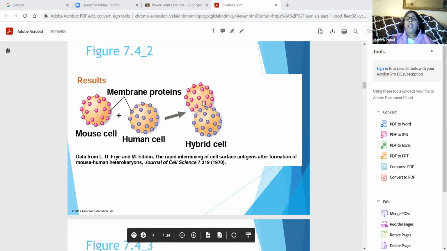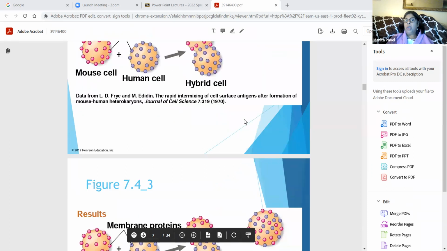This hybrid cell consists of both the membrane proteins from the mouse cell and the human cell, which have been uniformly distributed in this hybrid cell. So it's important to see that there is intermixing of these membrane proteins from the mouse cell and the human cell, which is evenly distributed on the surface.